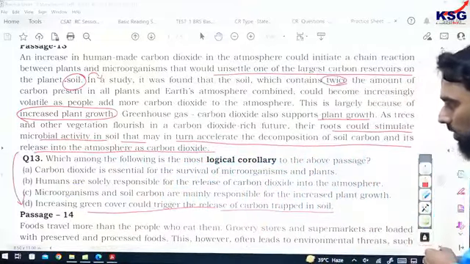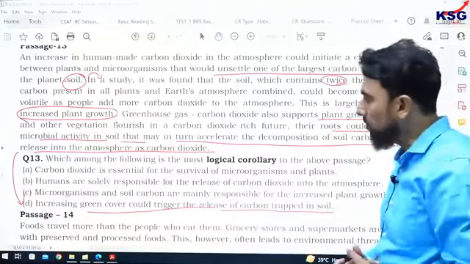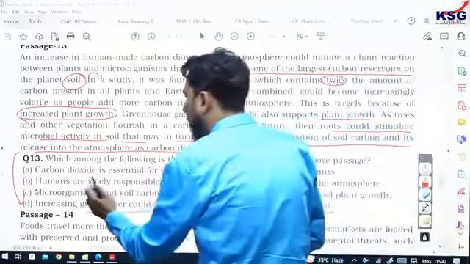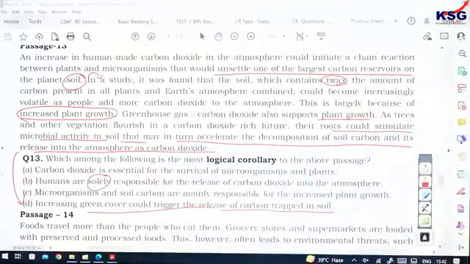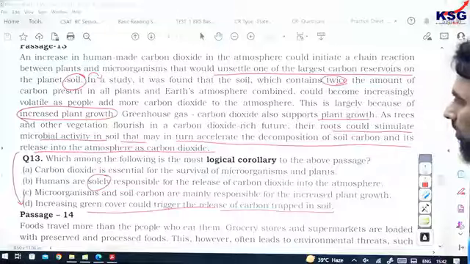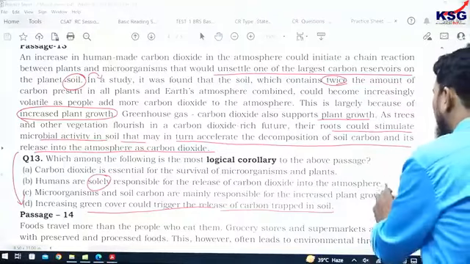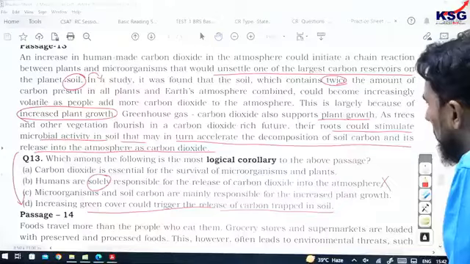This is the logical deduction, next step that you can take. Which option confuse you? I don't understand. Like option B, humans are solely responsible. Incorrect. The key extreme word is solely, because plants are also releasing carbon dioxide into the atmosphere. So how can you say solely? So B is clearly incorrect. A option, carbon dioxide is essential for the survival of microorganisms and plants.